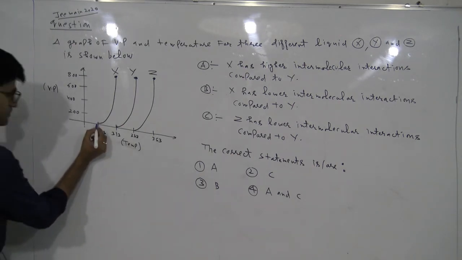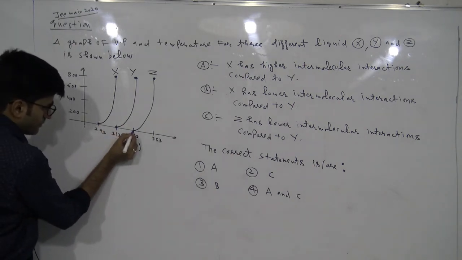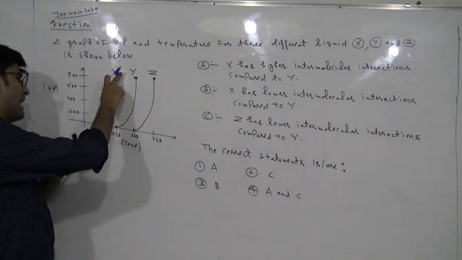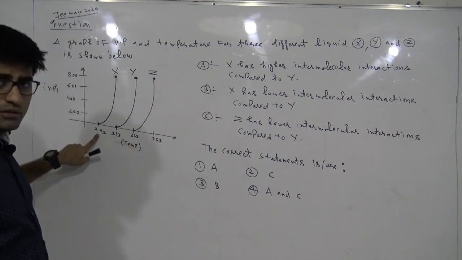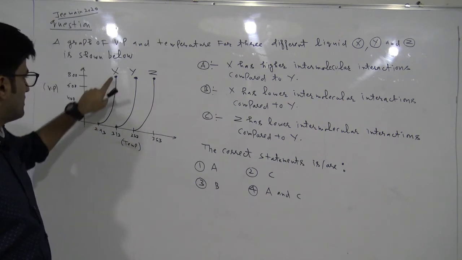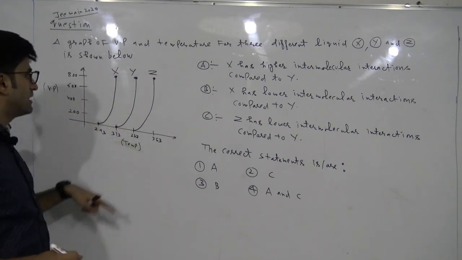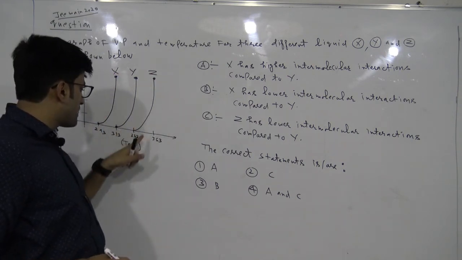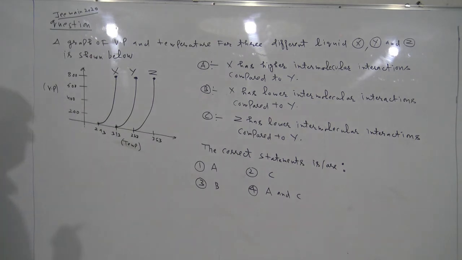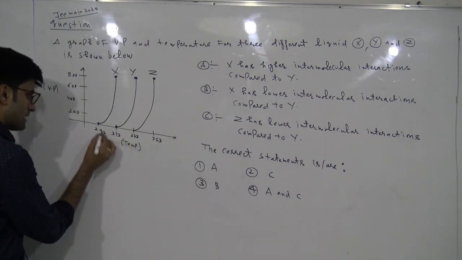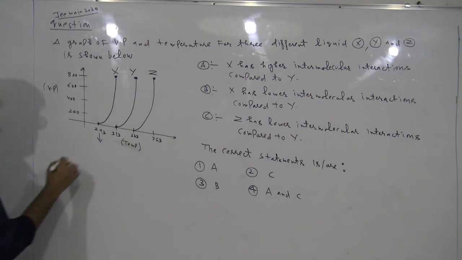Clear? Now, pay attention here. Liquid X has this much vapor pressure at 293 Kelvin, and Y has this much vapor pressure at 313 Kelvin, and Z has this much vapor pressure at 333 Kelvin. It means X can have the same vapor pressure at a lower temperature. It means what?